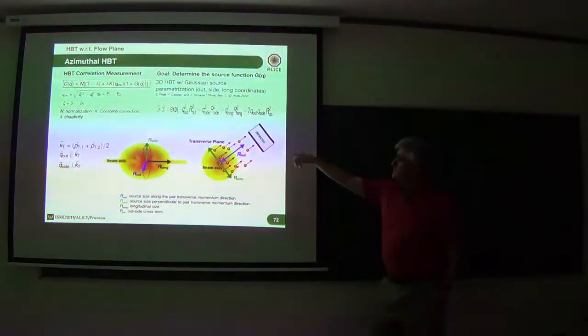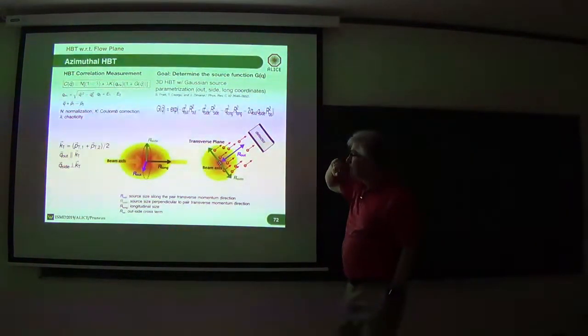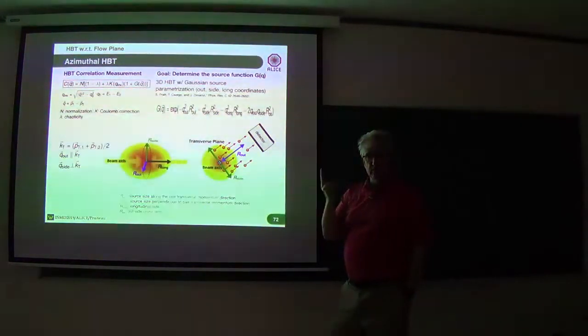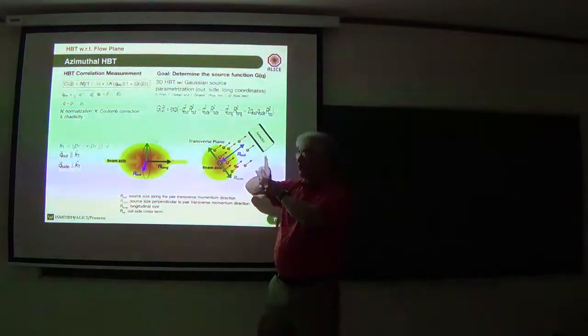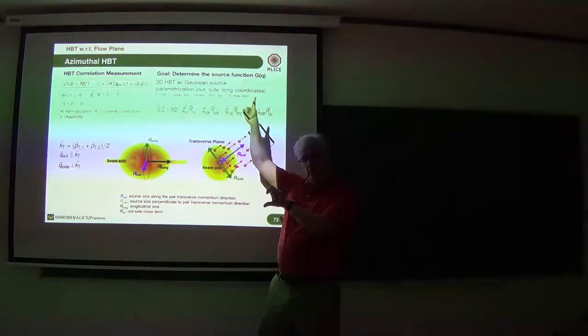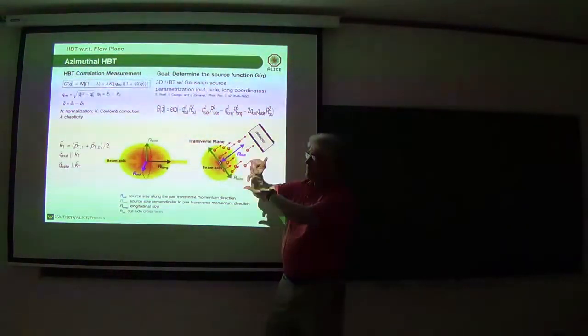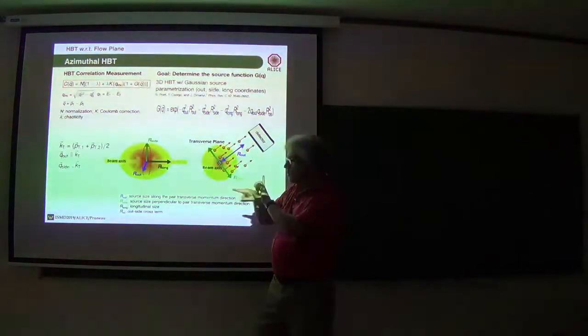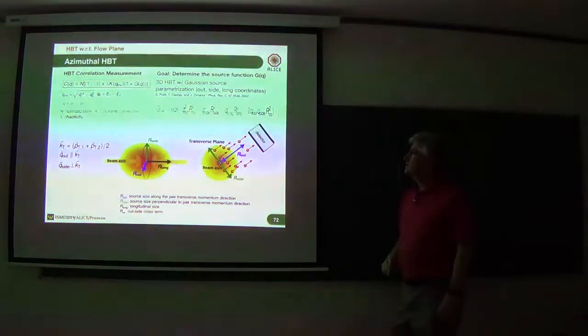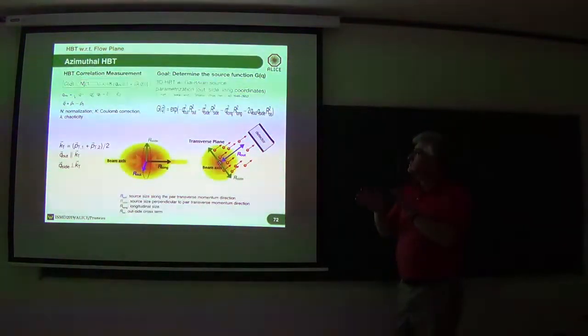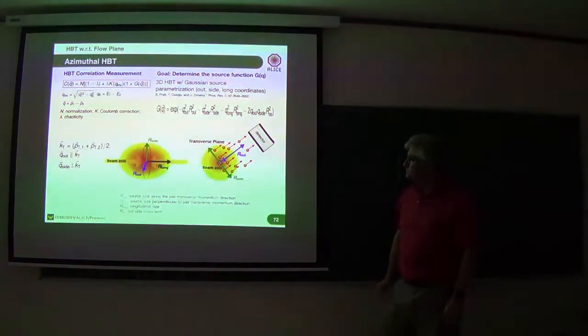In this particular analysis, you can break down the correlator in terms of the outward momentum of the pair, the side momentum of the pair, and the long momentum of the pair. So you can analyze the shape of the system along these three axes.